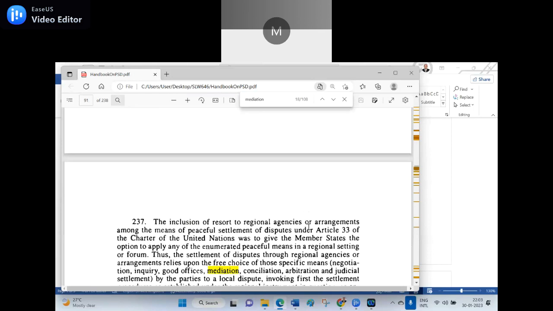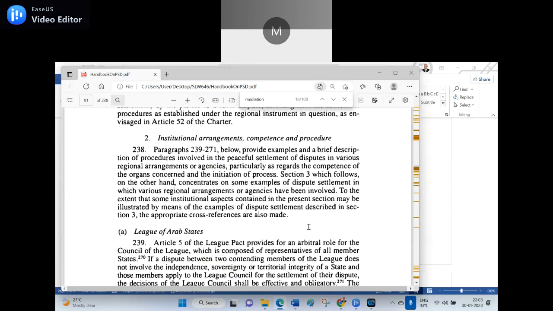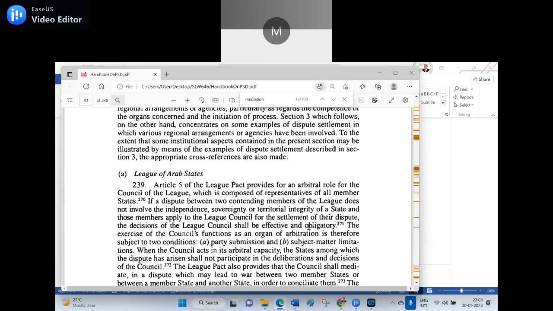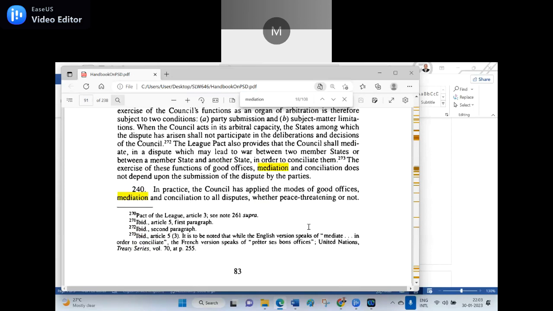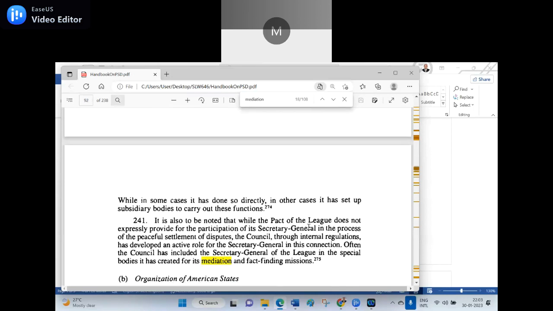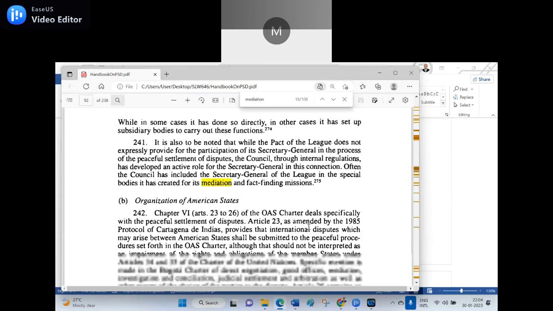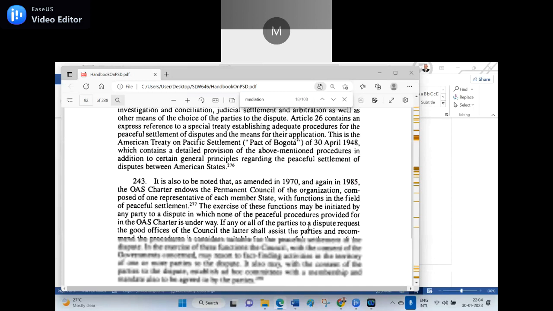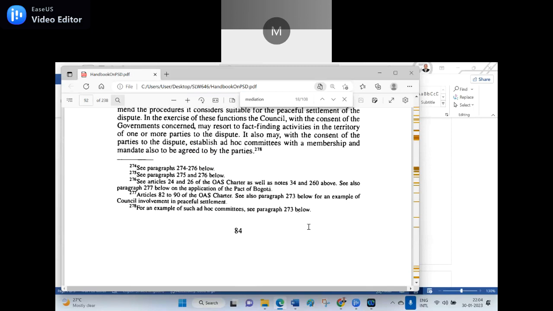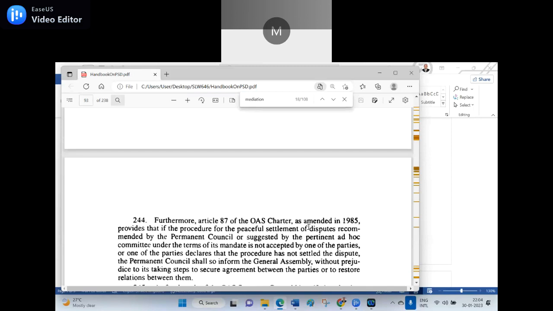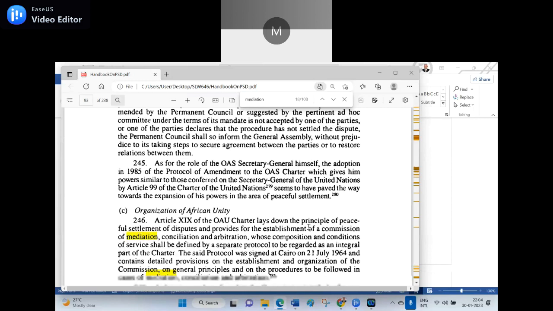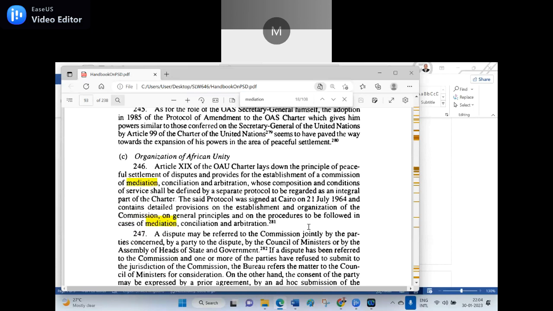It is clear, Prof. If you scroll, there are the institutional arrangement, competence and procedure, the League of Arab States, which we already dealt with, and the non-legal way, the diplomatic way, how it will be resolved, we already covered in earlier classes also. And if you happen to see my earlier YouTube videos, you could understand what the non-diplomatic way is, what the diplomatic way is, or in other words, the non-legal way, the non-judicial way.